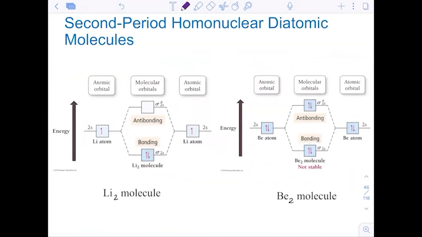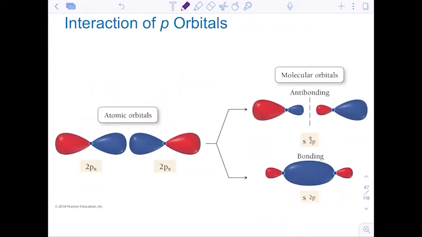Now, when we have other diatomic molecules, we can still use the same s orbital to sigma bonding s orbitals and sigma star s orbitals. These are the simplistic ways of viewing the MO diagrams. We could have, though, an interaction of p orbitals.